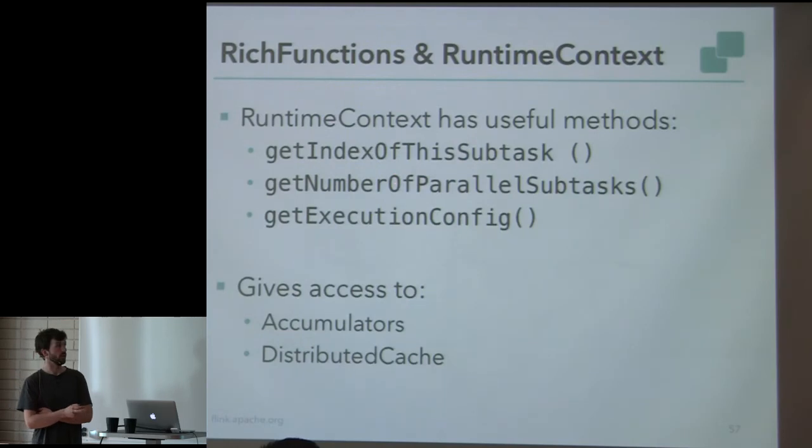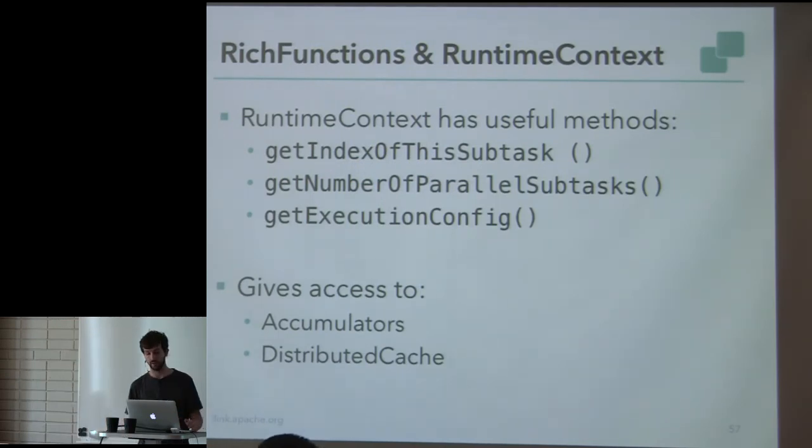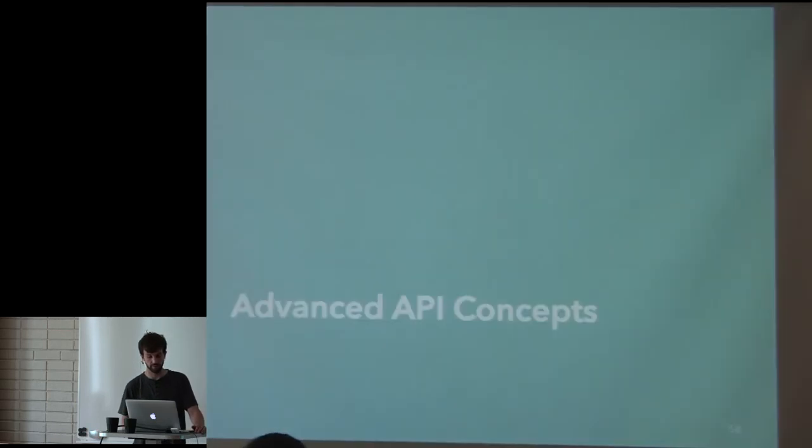If we have 8 parallel instances, you will get a number from 0 to 7. It also gives you access to the execution config and accumulators. Accumulators are like counters in Hadoop, if you have already learned about this.